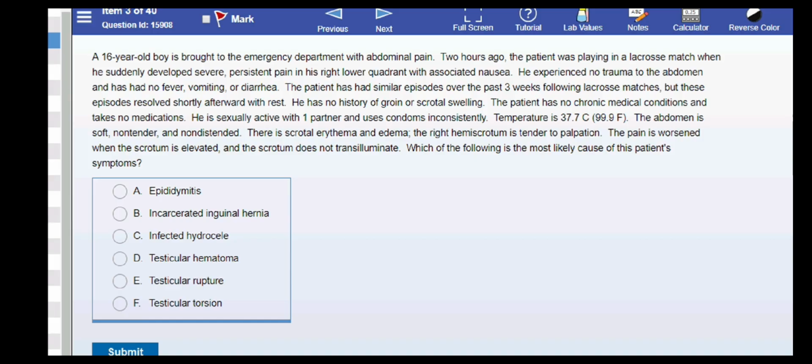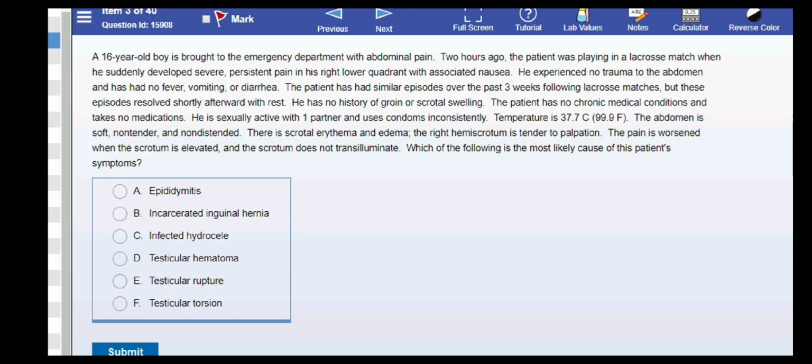No history of groin or scrotal swelling, no medical conditions, sexually active with no problem, temperature normal, abdomen soft, non-tender, non-distended. There is scrotal erythema and edema, and the right hemiscrotum is tender to palpation. The pain is worsened when the scrotum is elevated. You see this?